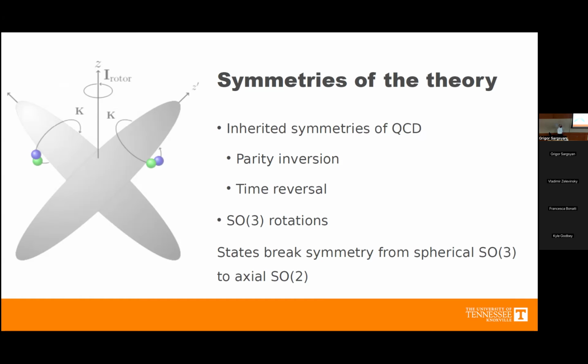But really, we are just coupling the orientation of this rotor, which we consider to be a rigid rotor at leading order, to the total angular momentum state of these nucleons here.